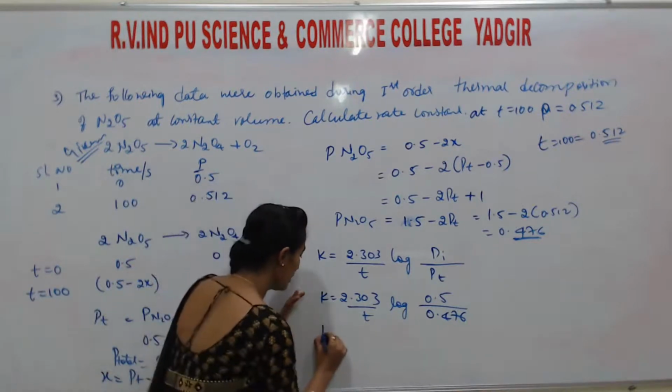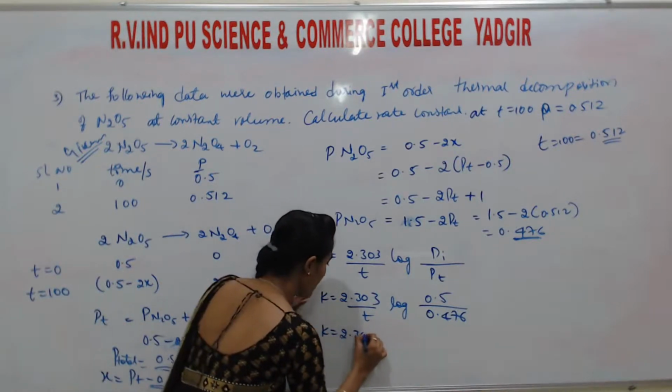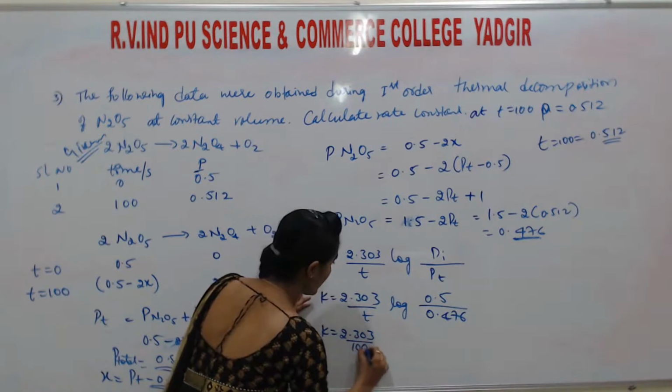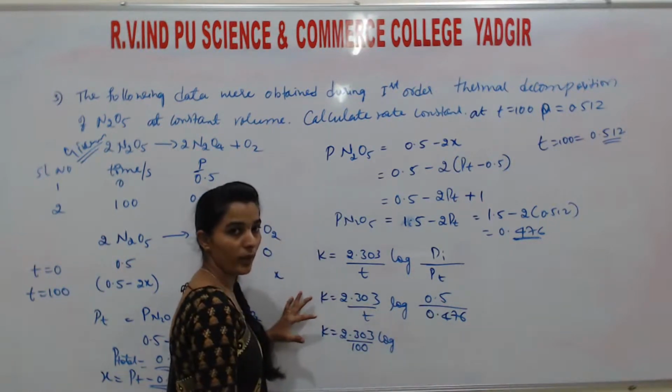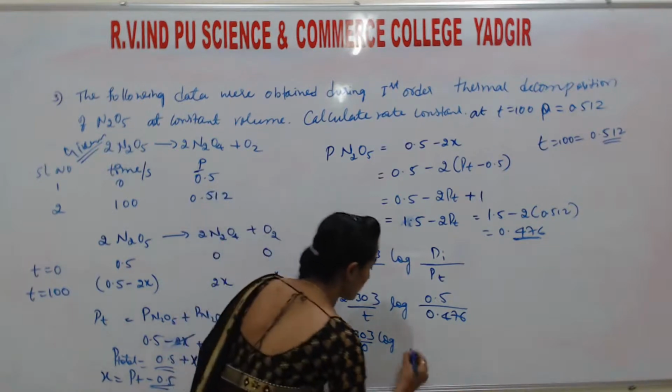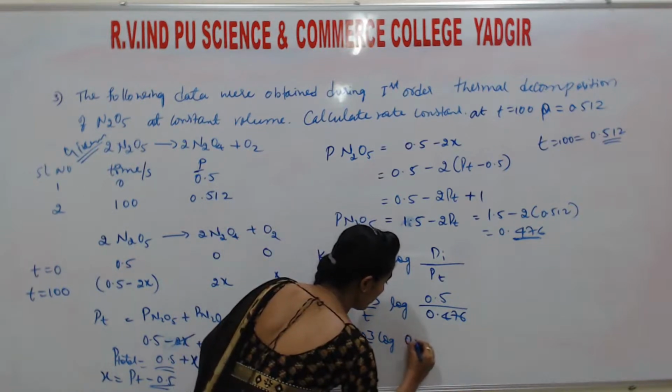Okay, so listen here. K is equal to 2.303, time is 100, log of 0.5 divided by 0.476. So this is approximately 0.018.